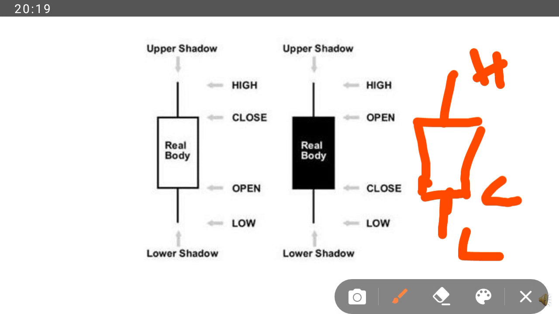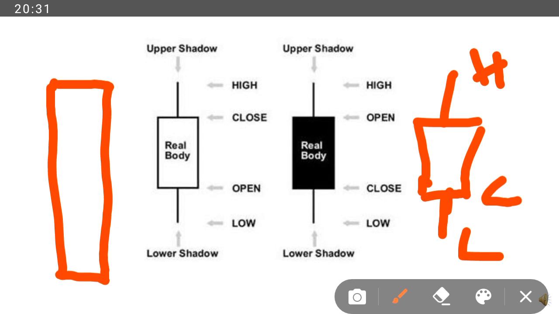And as we proceed, you will see different types of candlesticks. It may not be like this. Some will be very long like this, and you won't see any shadow. You can see that this is called shadow.